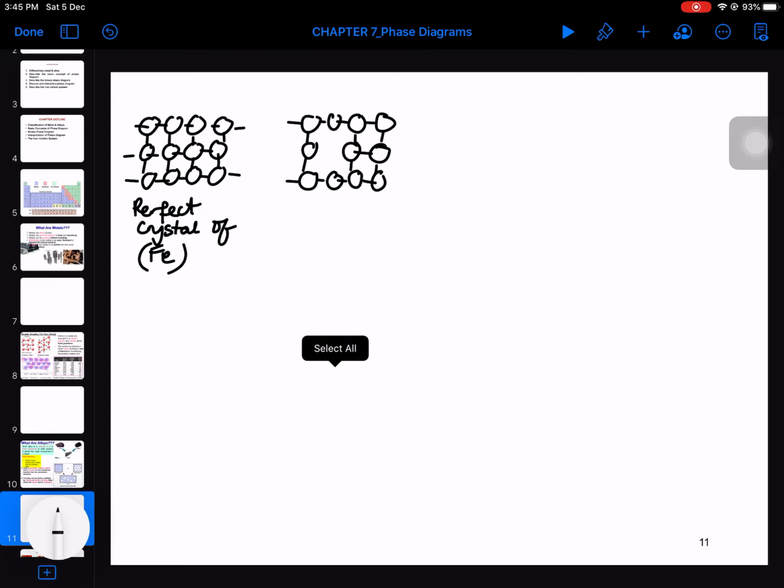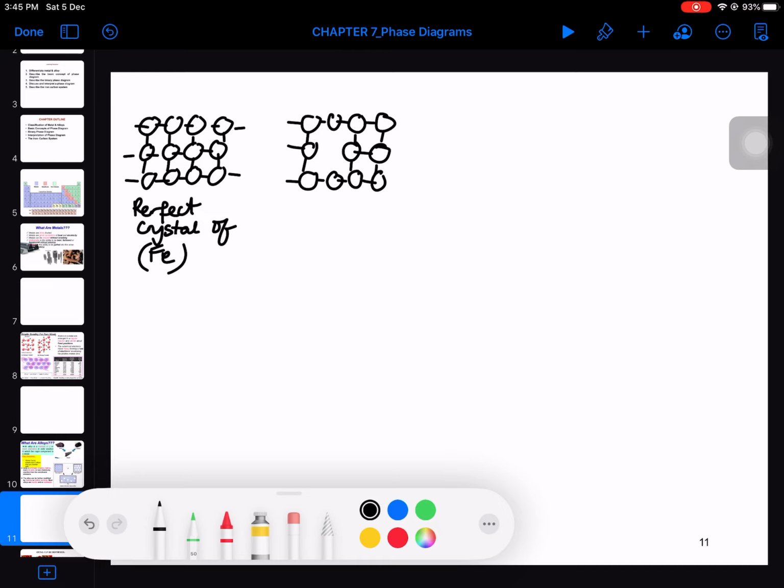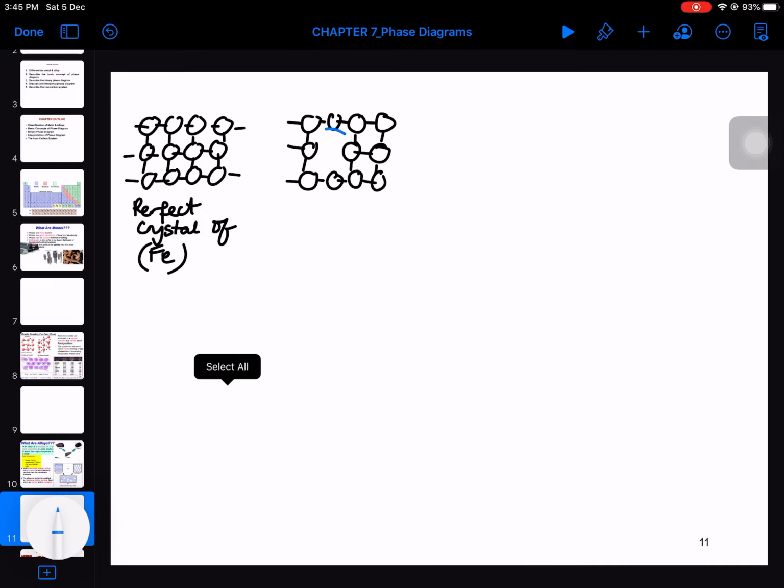What we have here is an imperfection in the form of a vacancy. We all know a vacancy is where one atom is missing from its lattice site. So this is a more realistic representation of the atomic structure. Let's say this is for iron.